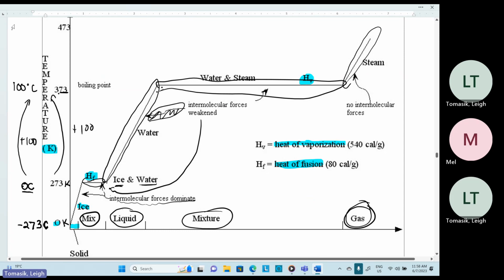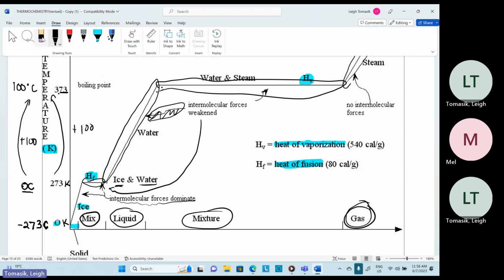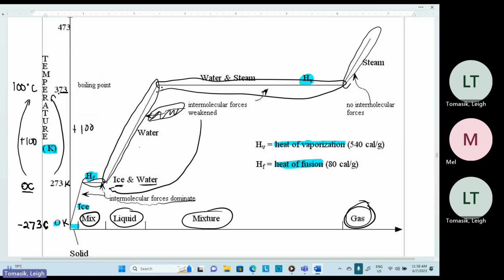When you're doing calculations here, if you're working on a slant, if you're raising the temperature, you're going to use the Q equals mc delta T formula because you're changing the temperature.